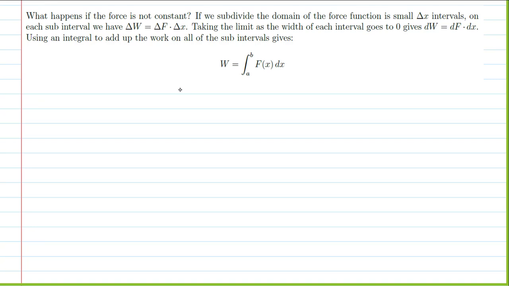Taking the limit as the width of each interval goes to 0.